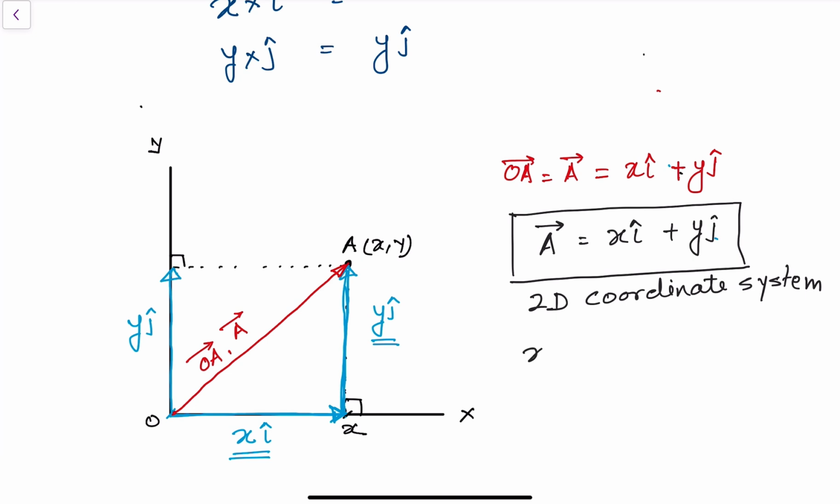Here the coordinate x is called the x component. Remember, we are now introducing a new word. It is called component.